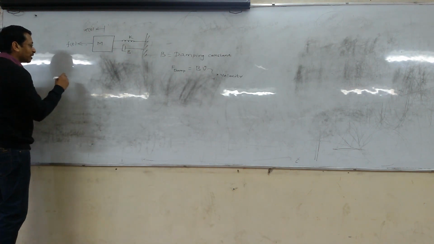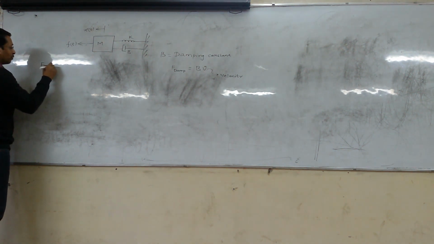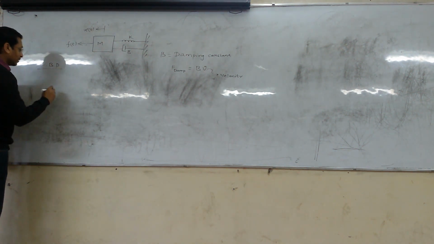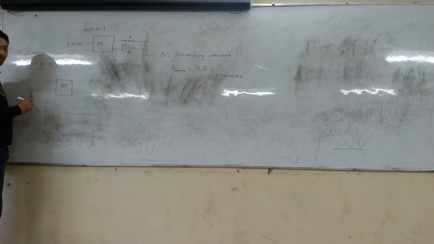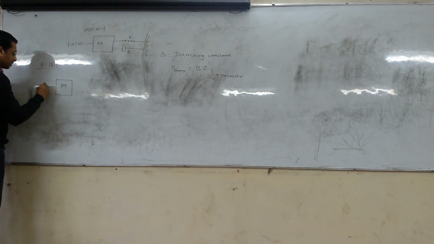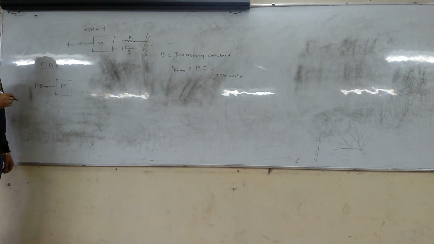So if you try for the free body diagram, you will get it like this. Here it is mass M. Force small f(t) is applied by you.